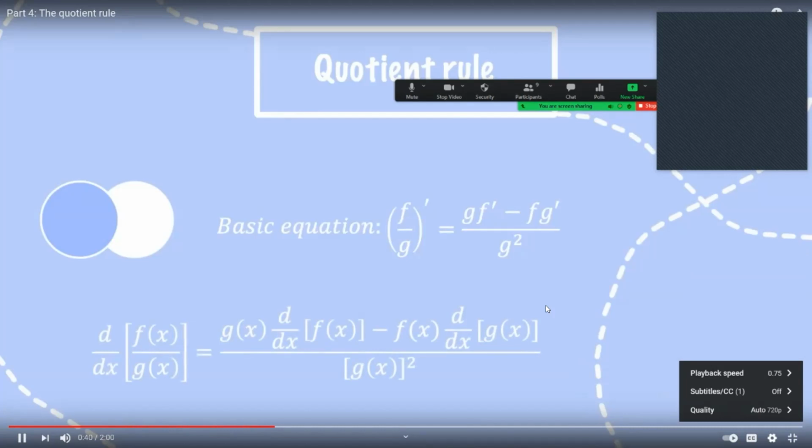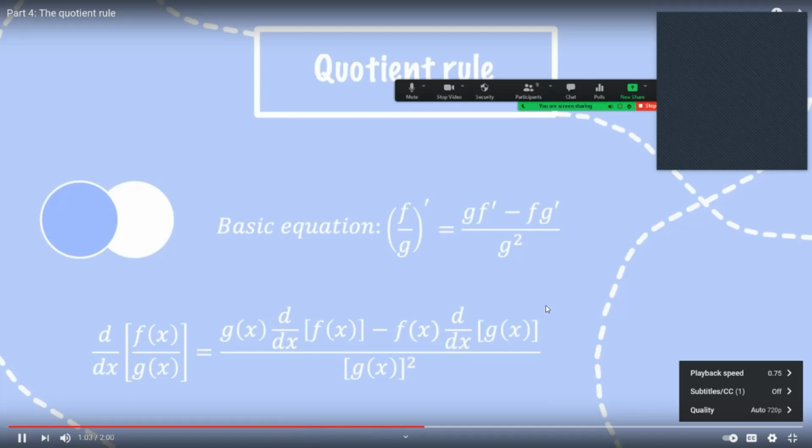Now, an easy way to remember this is to use the "low d high" trick. It's kind of dumb. Let's say that low is g and high is f, because g is on the bottom in the equation, so you can think of it like that.